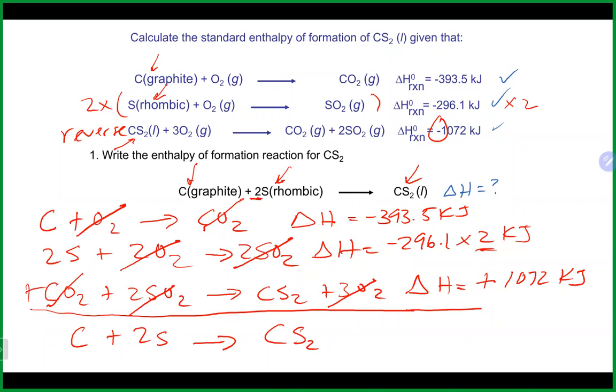To figure out our delta H in this case, we're going to add up all of our adjusted values here. So we're going to take minus 393.5 plus 2 times negative 296.1. Again, we need to multiply that by 2, plus positive 1072 in this case.